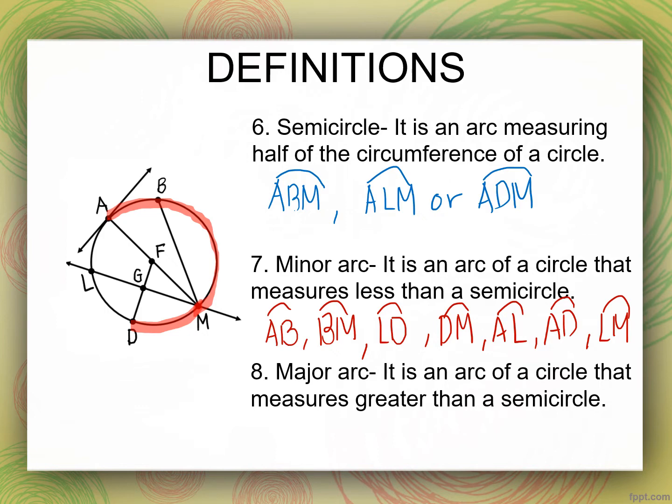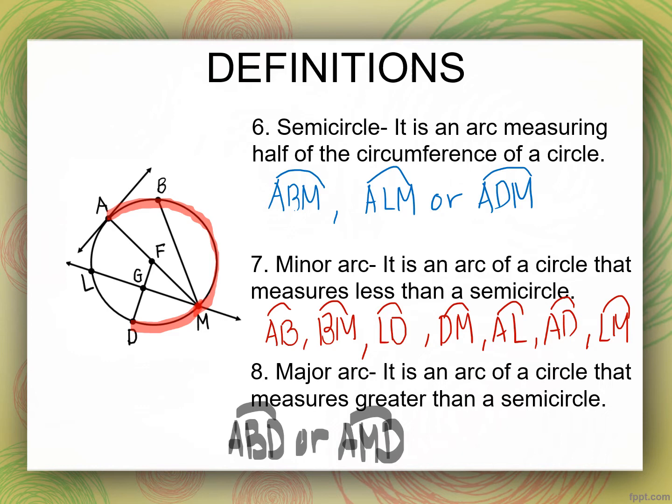We can write either arc ABD, or you can also name it as arc AMD. They're the same. Now, what more can we have?